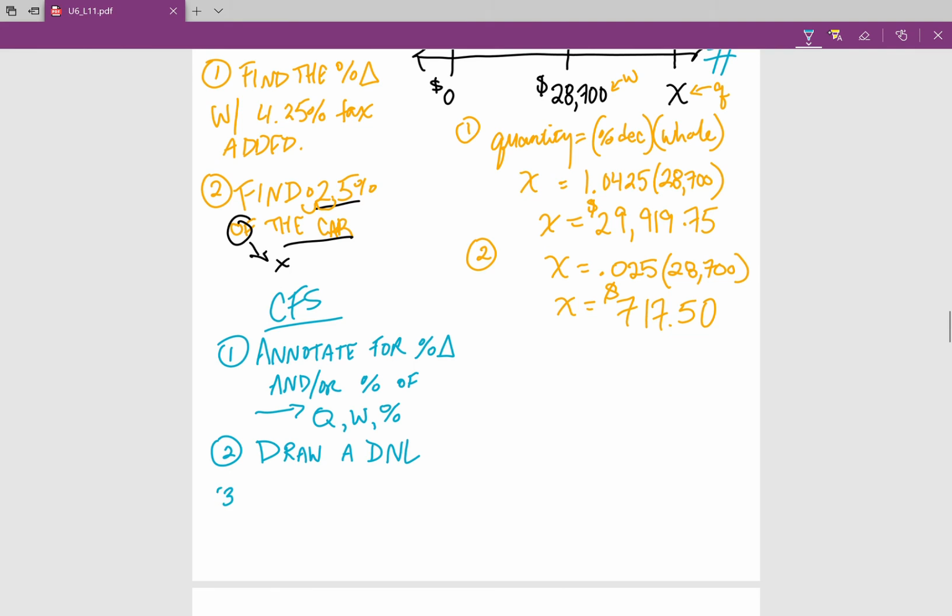The third thing that we have to do is we need to write our percent equation, which is right up here. I'll put a number 3 next to it. Write percent equation, which is just the quantity equals the percent as a decimal times the whole. And we substitute.